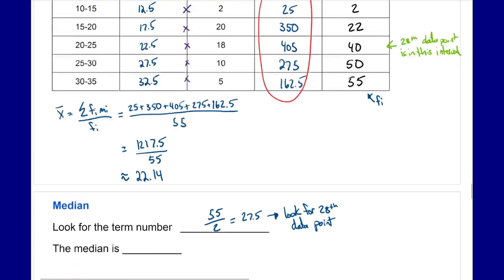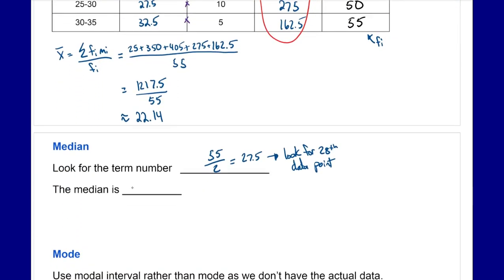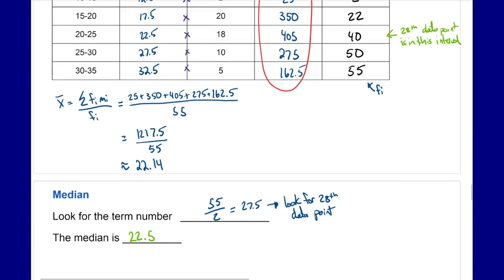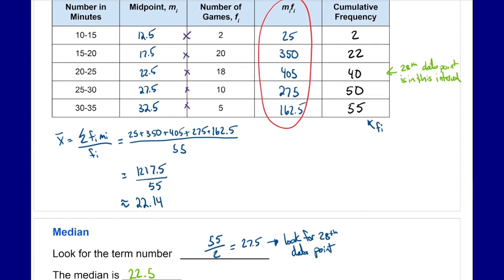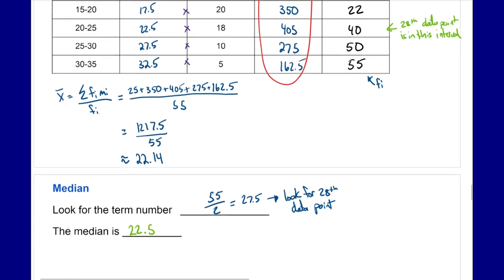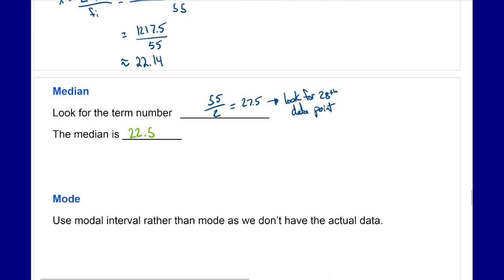That means our median, we're estimating again, would be 22.5. Because again, we're using the midpoints as our markers, as the values we use to estimate, because we don't know what the actual values are.